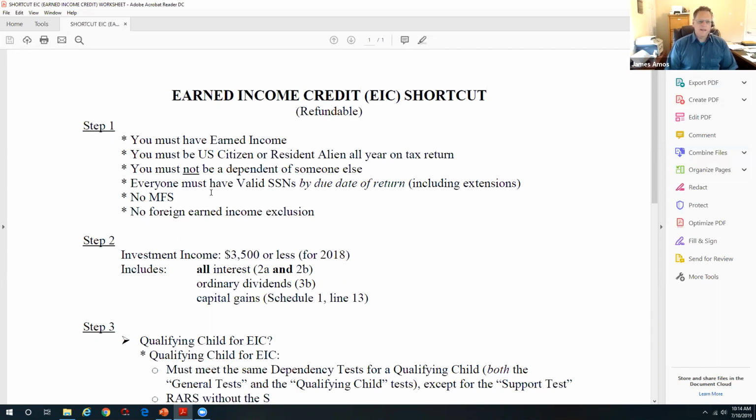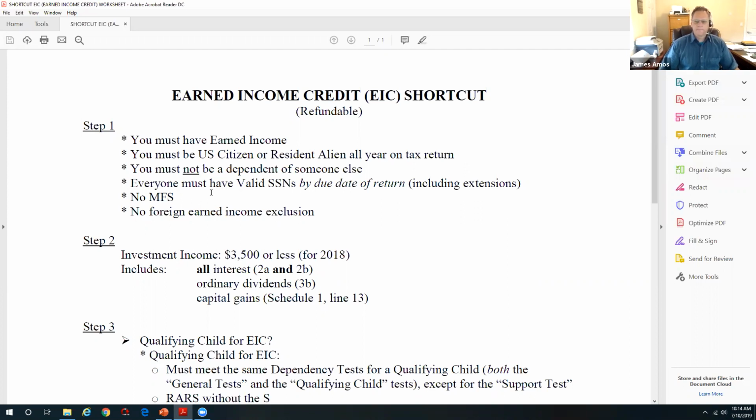You and everyone on that return must have Social Security numbers. Let's say your spouse and your kids all have Social Security numbers, but you have an ITIN, are you going to be able to claim this credit?